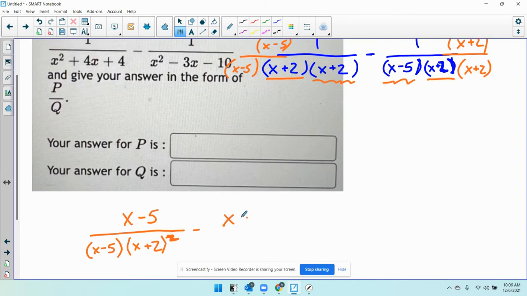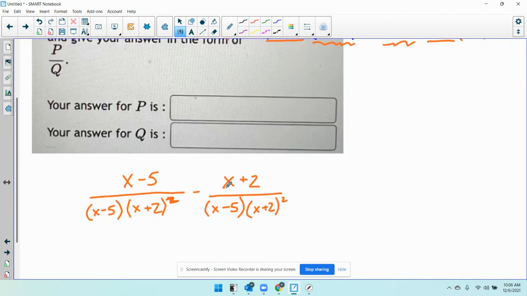Minus x plus 2 over the same thing, x minus 5, x plus 2 squared. Okay, do the same thing. x minus x, they cross out again. Negative 5 minus 2, that's negative 7 on top. And then we have x minus 5, x plus 2 squared.